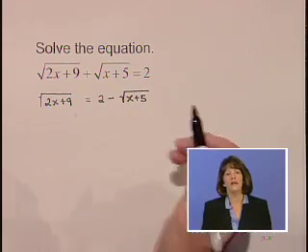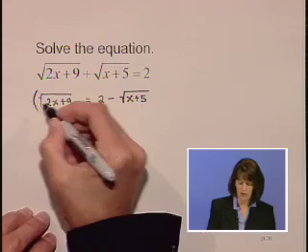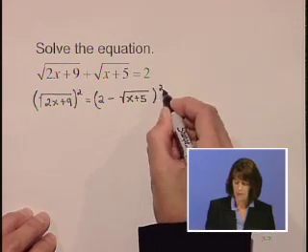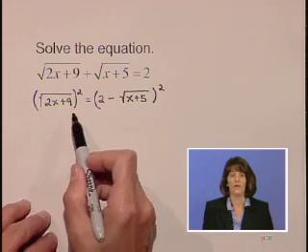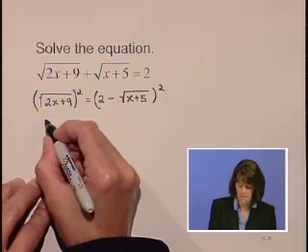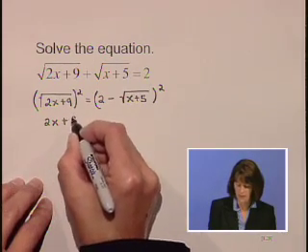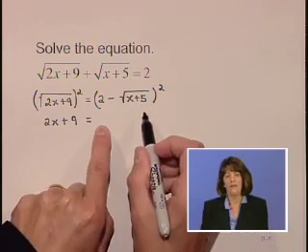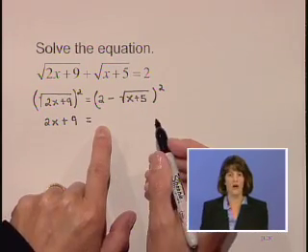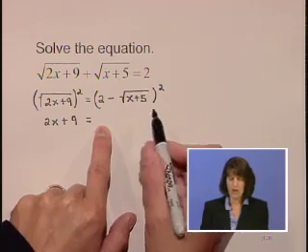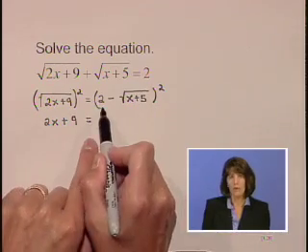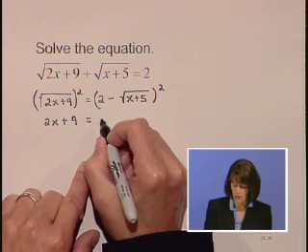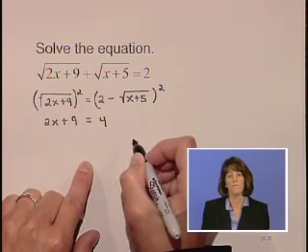At this point, let's square both sides to eliminate this radical on the left. The square root of 2x plus 9 quantity squared is 2x plus 9. On the right-hand side, don't forget that we need to FOIL this out. As we FOIL, we'll be taking 2 times 2 to get the first term. 2 times 2, let's go ahead and call that 4.